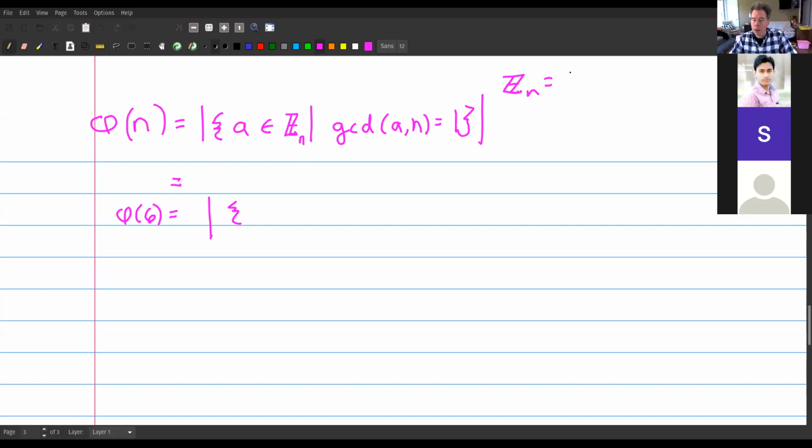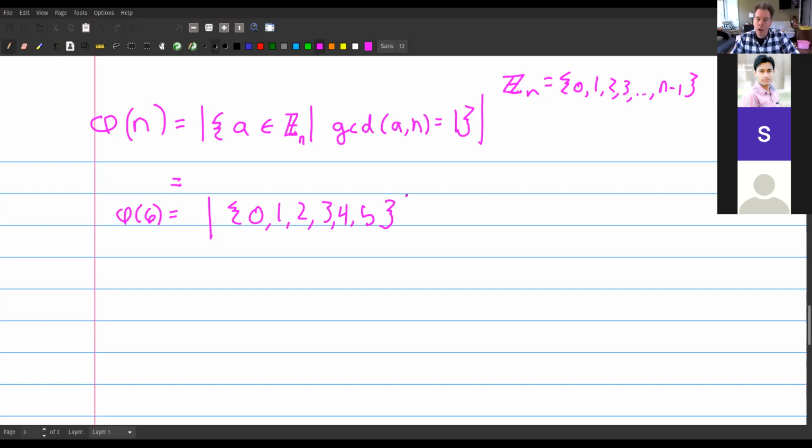Zn is just the set 0, 1, 2, 3, up to n minus 1. So to figure out what Euler Phi of 6 is, let me just copy Z6 down: 0, 1, 2, 3, 4, 5.